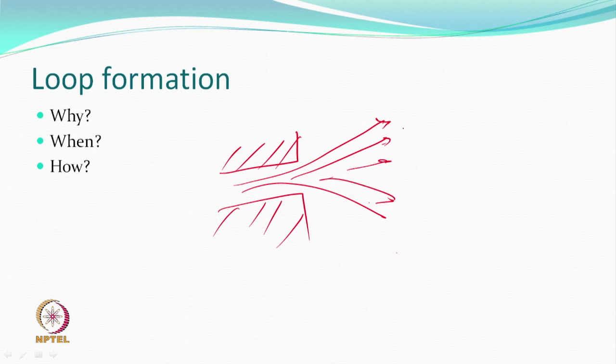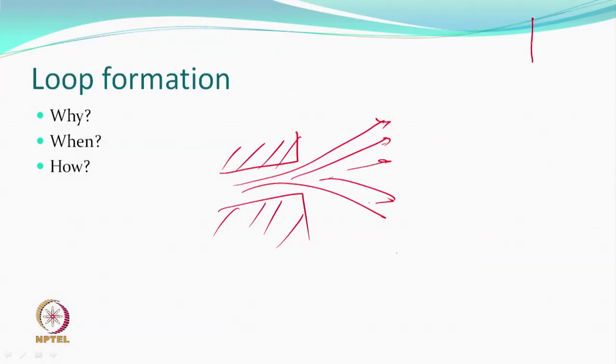Why will the loop form? Loop would form only if one end is moving, the other end is not moving. If we create a situation that this does not move and the yarn is being pushed in this direction, it will start bending, and that is how it will make a loop.